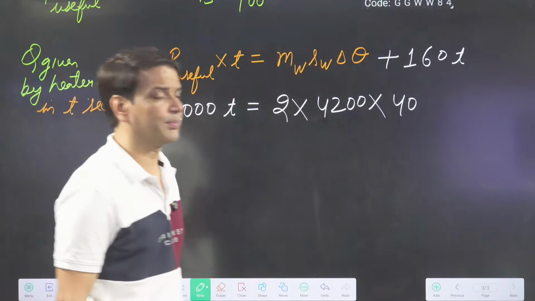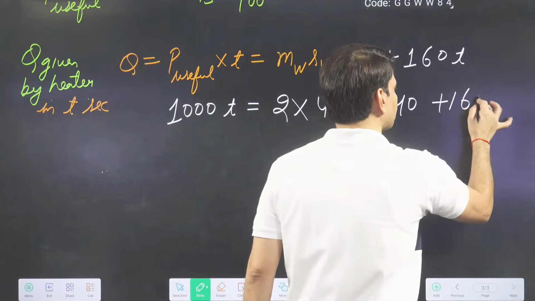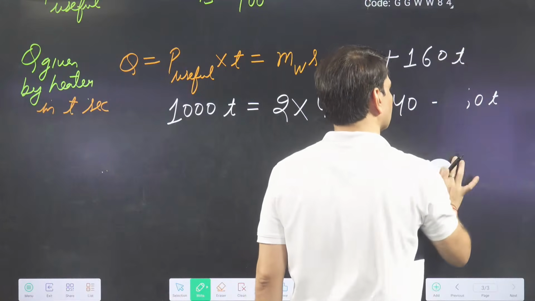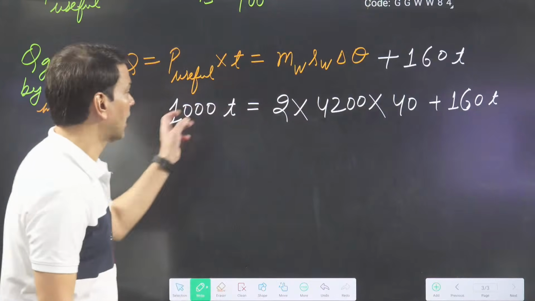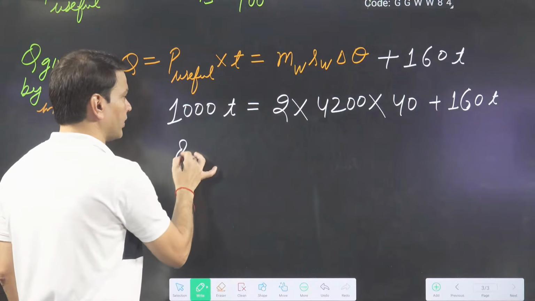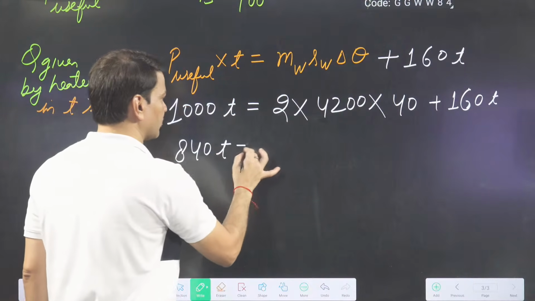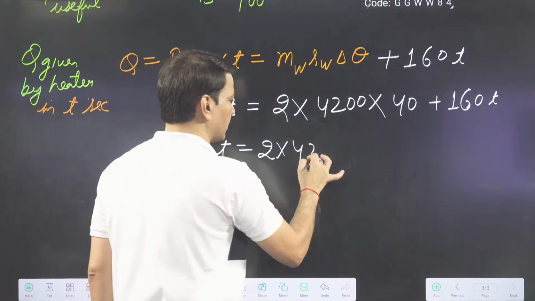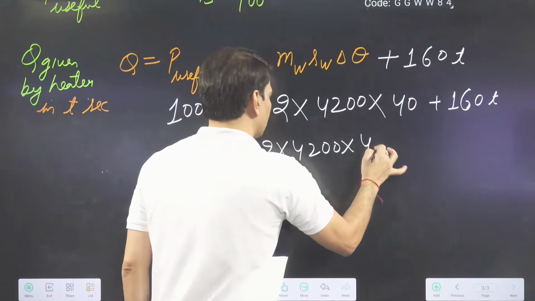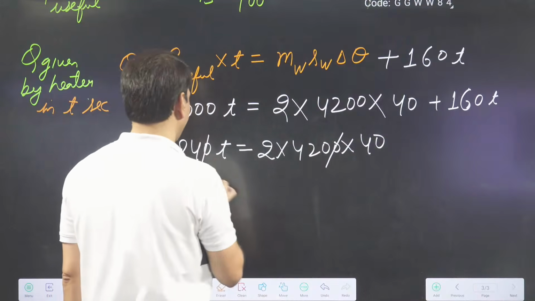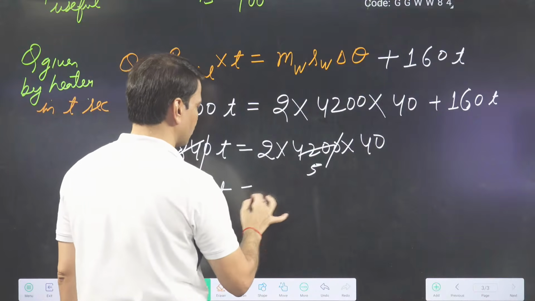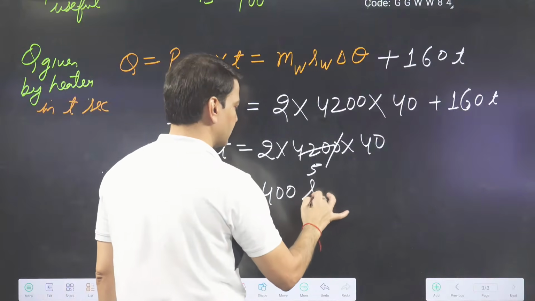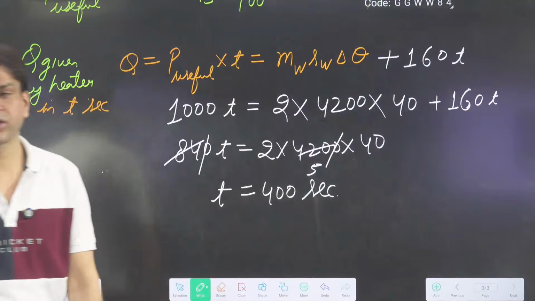Ms delta theta plus 160 T. Up to this everybody got it. 1000 T minus 160 T, what will you get? 840 T is equal to 2 into 4200 into 40. Now 0 0 cancel out, 84 into 5 is 420, 5 to the 10. So T, how much did you get? 400 second. So it will take 400 second.